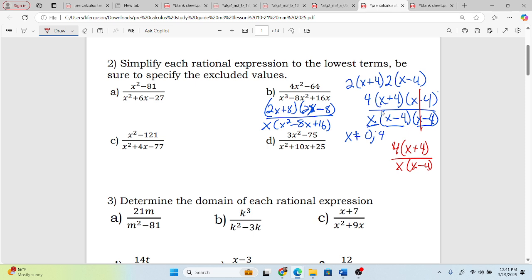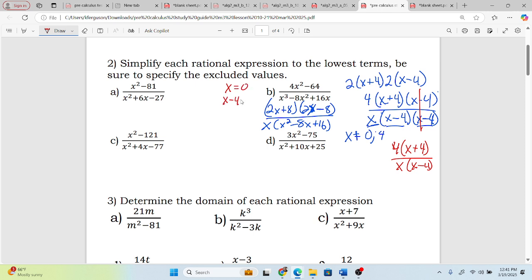Remember what the zero product property says. It says the product can be 0 if one of those pieces is 0. I'm multiplying x times x minus 4 times x minus 4, right? So all I need to do is set each individual piece equal to 0. I got x, so that's x equals 0.